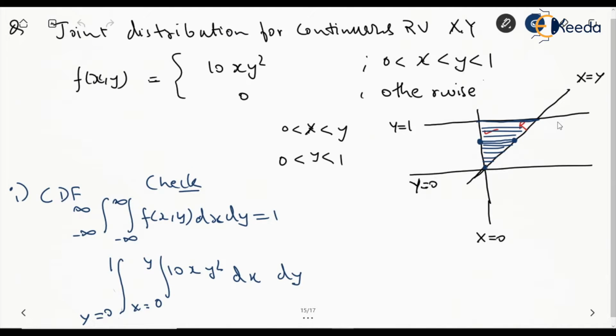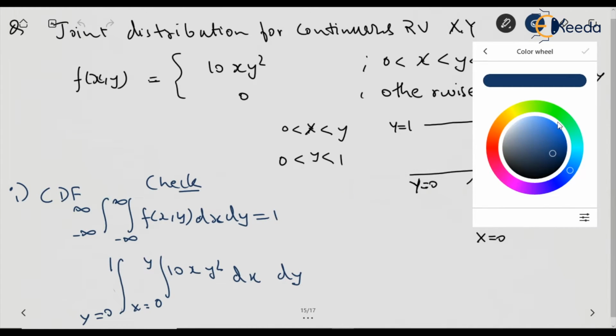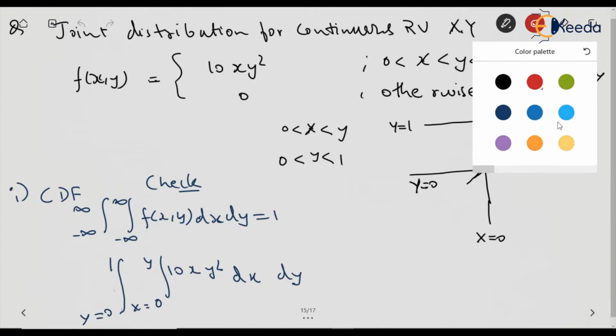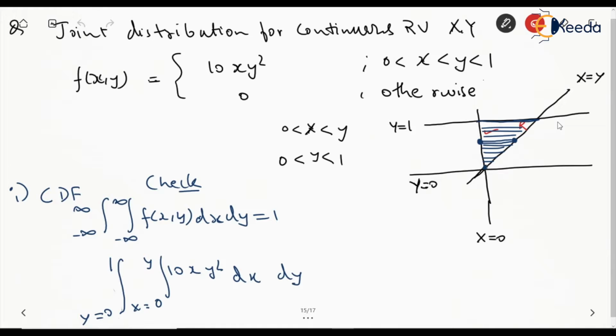And when you are integrating in terms of y, you will have to take the vertical element. So let's say this is the vertical element, right? This vertical element is going to have the lower limit on this line and upper limit on this line. This is y is equal to x.